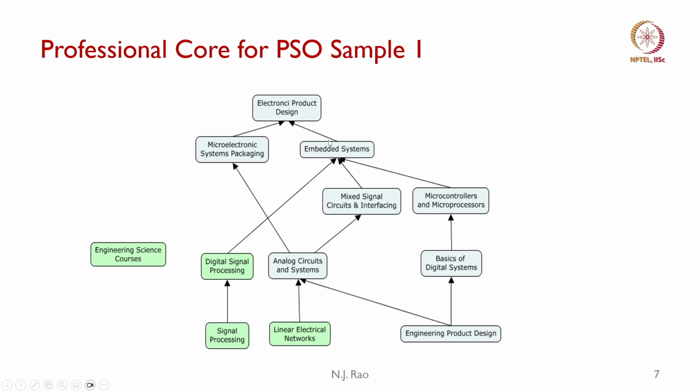But for embedded systems, when you talk about any application, you may want to use some digital signal processing. And then analog circuits will also lead to microelectronic systems packaging. This course is not very popular, and at least currently many of the electronic faculty are not trained in this, but knowledge of that is necessary for any electronic engineer.